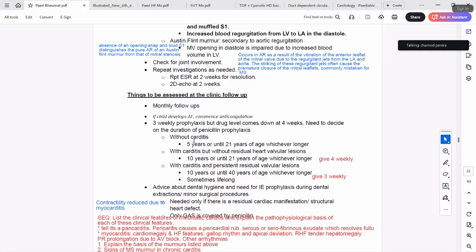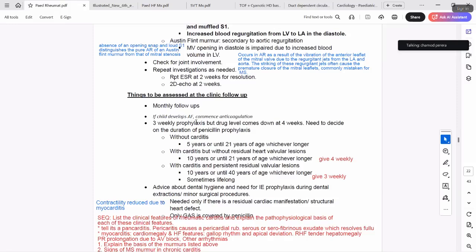If the patient does not have carditis, you can continue penicillin prophylaxis for 5 years or until 21 years, whichever is longer. With carditis but without residual valvular defect, you continue for 10 years or until 21 years, whichever is longer. And with carditis and persistent valvular lesions, you need to continue for 40 years and sometimes even lifelong. Right? And they should be advised about dental hygiene and infective endocarditis prophylaxis if they have residual cardiac manifestations.